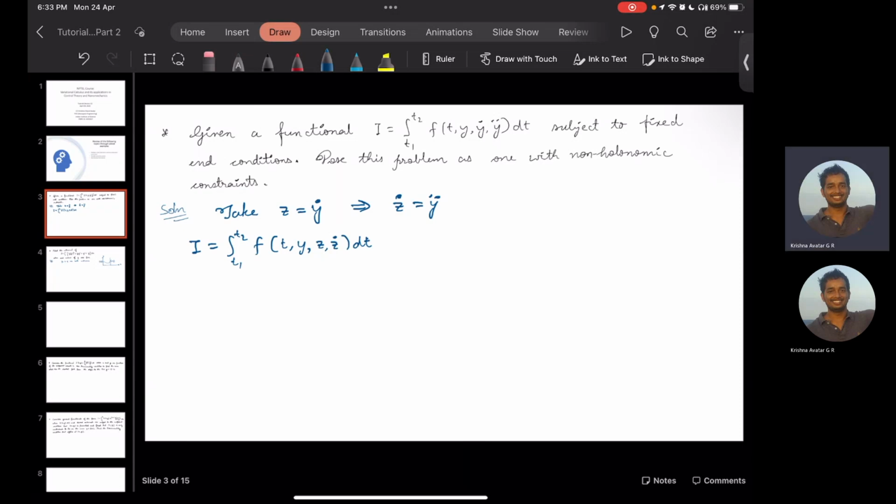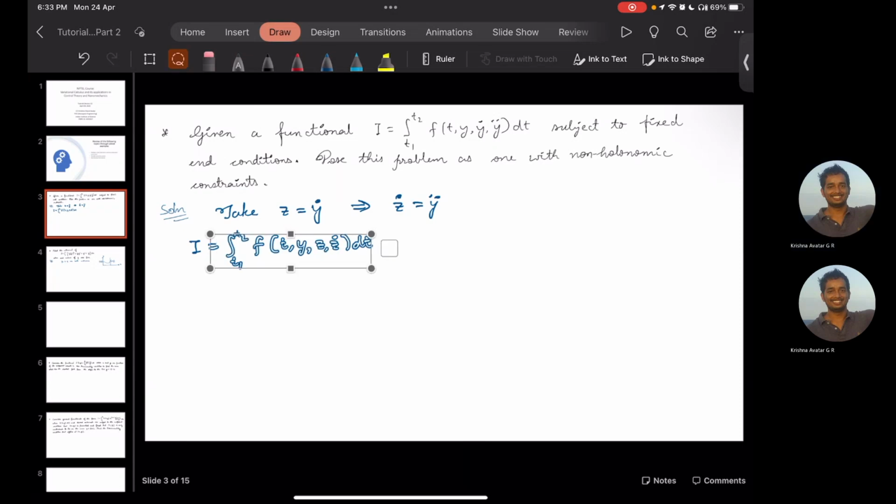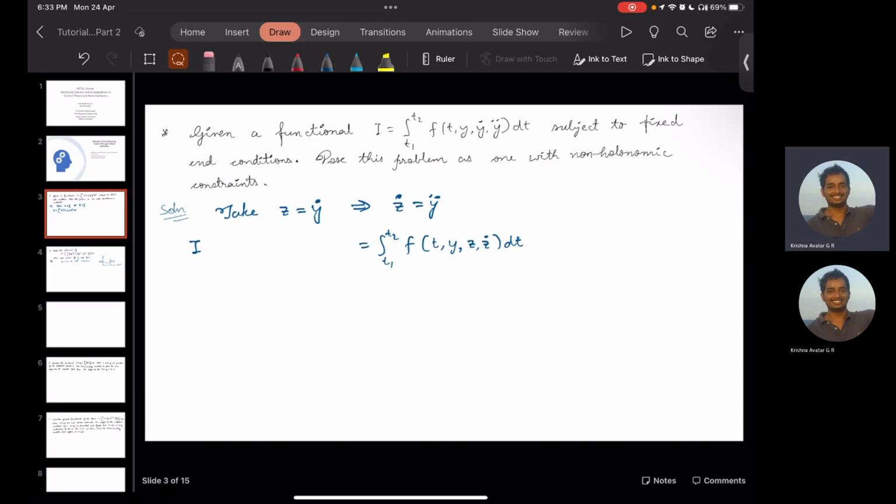Mind you, before, we had a functional in y: I(y) equal to the integral from t1 to t2 of f of t, y, y dot, and y double dot dt.